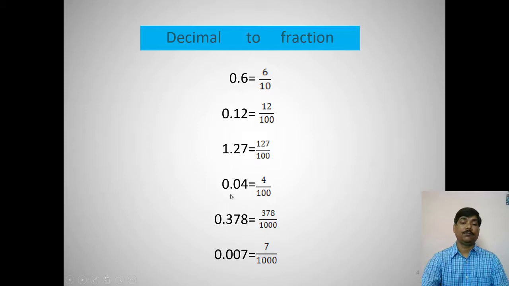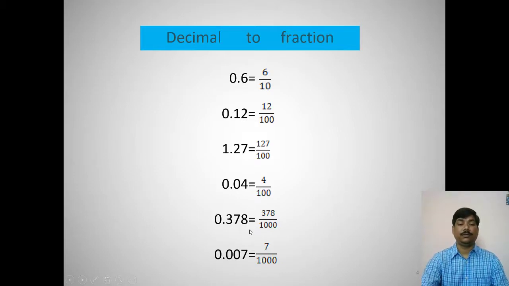In this one, we remove the point, the whole number becomes 4 upon 1 with zeros. How many zeros? Equal to the number of digits, there are 2 digits, so we write 2 zeros. In this case, first we remove the point, the whole number will be 378, and in the denominator we write 1 and the zeros.